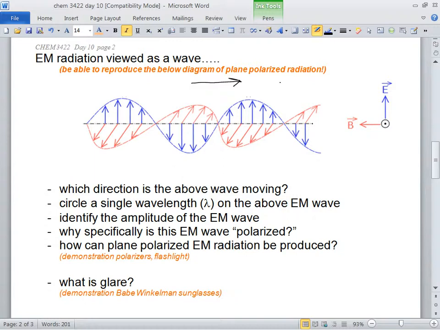Good. Circle a single wavelength, Alyssa. A wavelength is one individual repeating unit. I'm going to start circling right here. How far do I go? Right here?